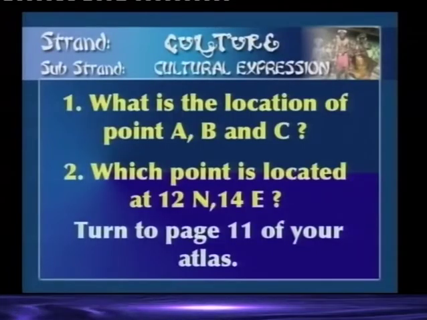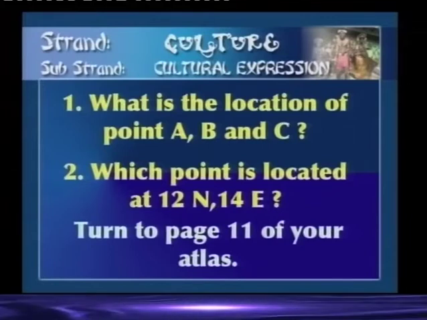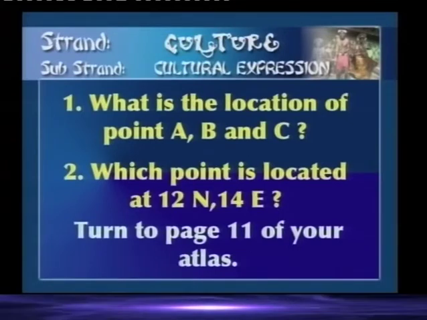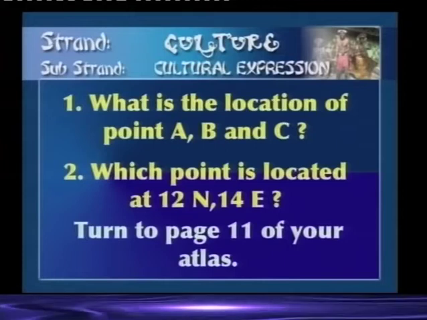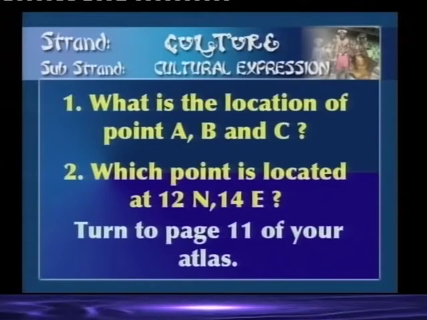All right, number 1 and 2. Okay, quickly, 1 and 2, receiving students. What is the location of A, B, and C? Location means you will have to indicate the latitude and longitude.